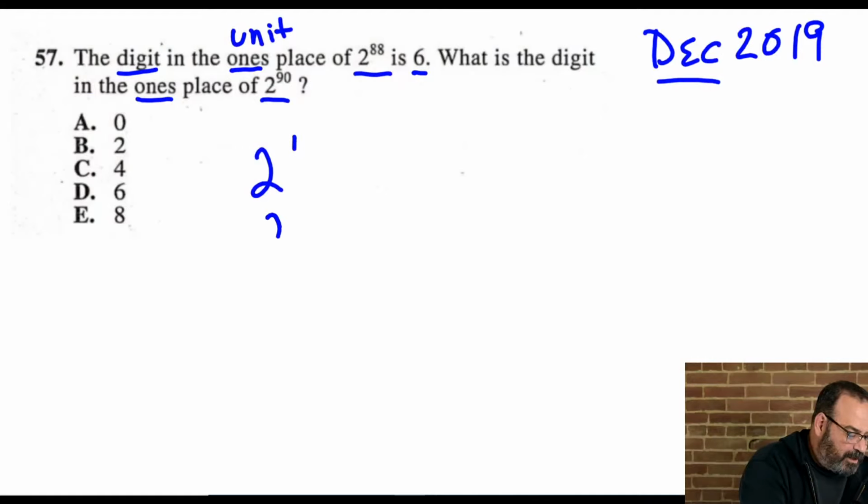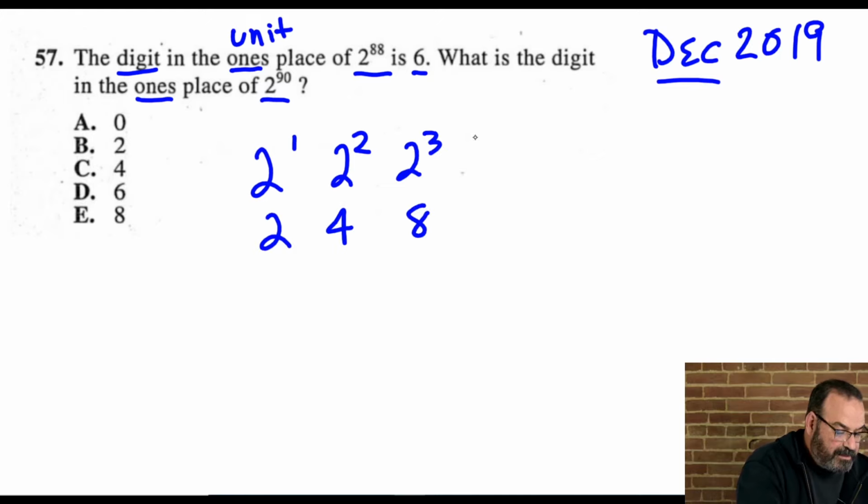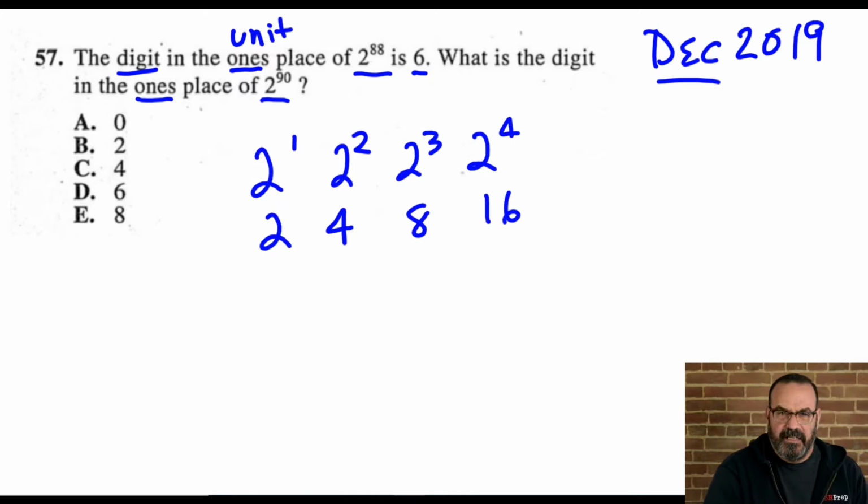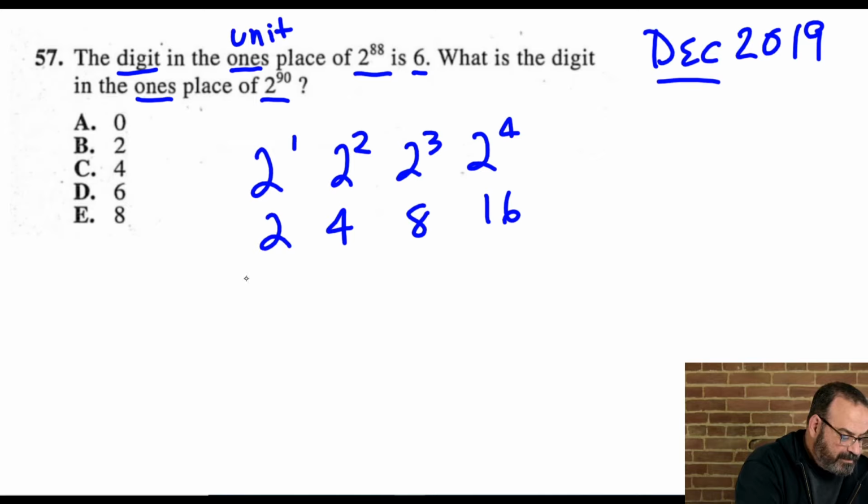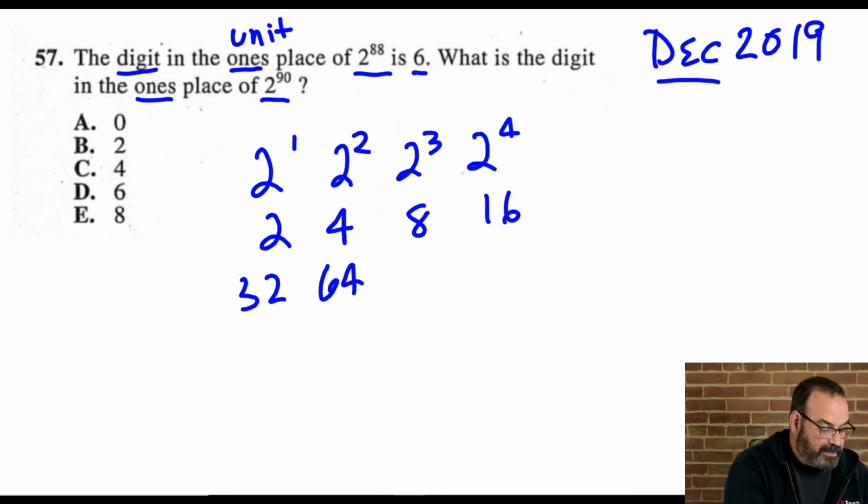But let's take a look at the powers of 2. 2 to the 1 is 2. 2 to the 2 is 4. 2 to the 3 is 8. 2 to the 4 is 16. 2 to the 5 is 32. 2 to the 6 is 64. 2 to the 7th is 128.